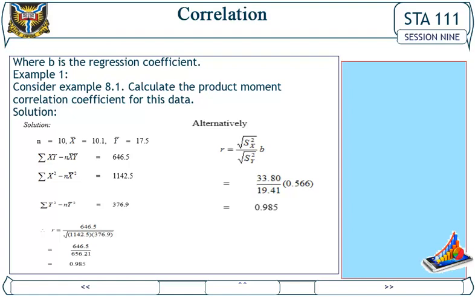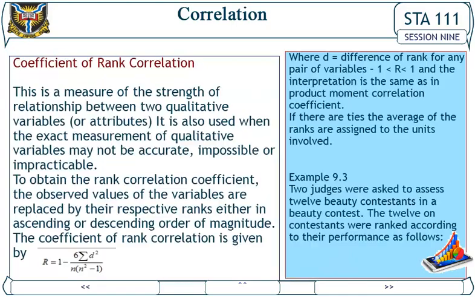Summation y squared minus n y bar squared is equal to 376.9. Therefore, r is equal to 0.985. Alternatively, r is equal to square root of sx squared over square root of sy squared times b, which is equal to 0.985.